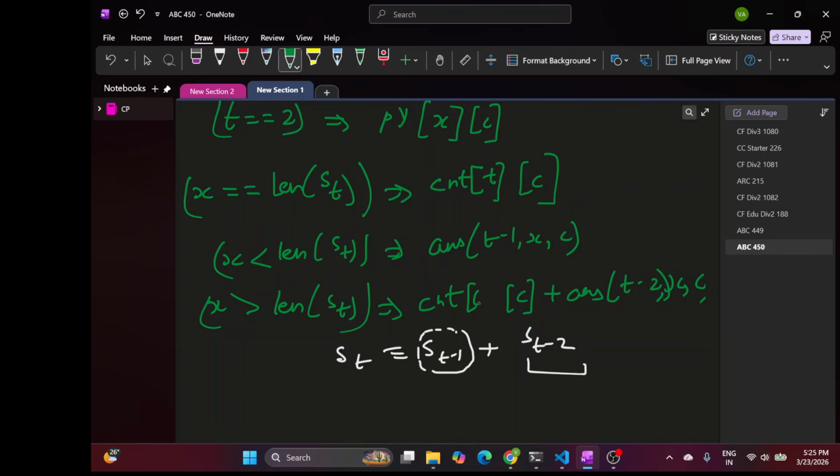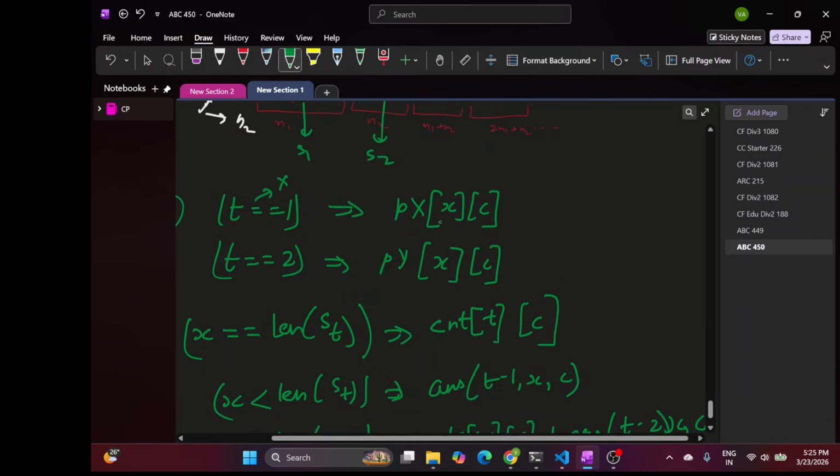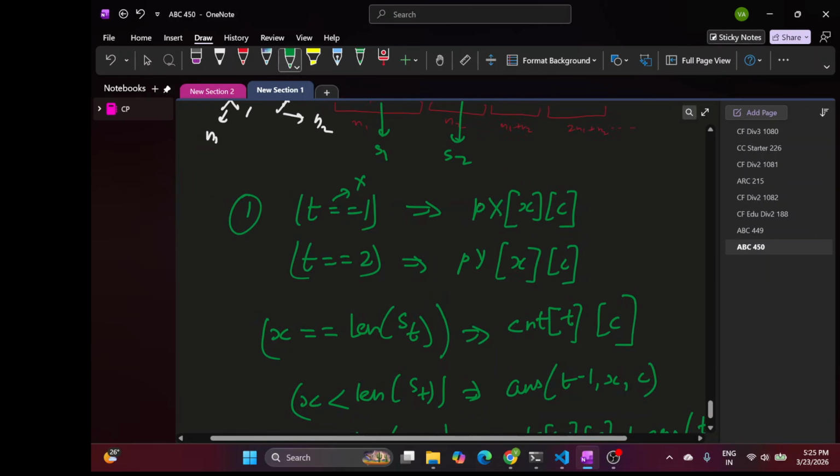Because whole t minus 1 is coming and some part of t minus 2 will also come. And if x is less, then some part of t minus 1 will come. If it is equal, the whole string t is coming. And if it is our first or second string, then we are taking the prefix from that specific one, right?